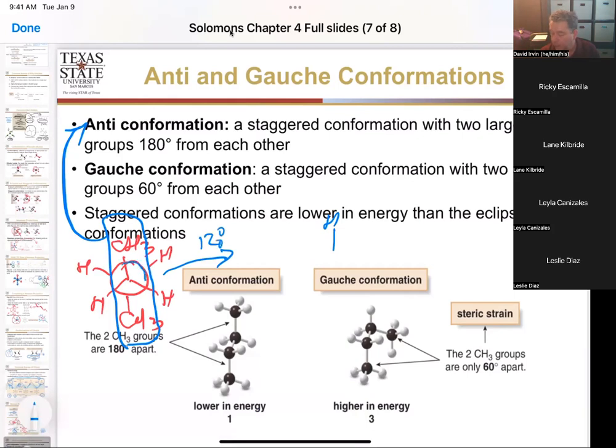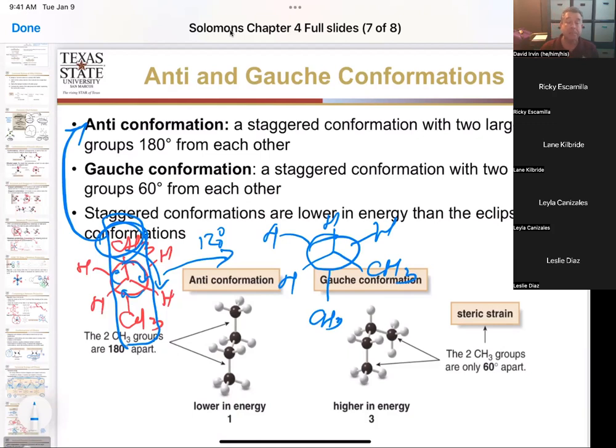I'm going to rotate this to this position, this to this position, and this to this position, keeping the methyl group down here and the back group not rotating. And I'm going to put the CH3 here and the hydrogen here. So all I've done is rotate this group to this position.